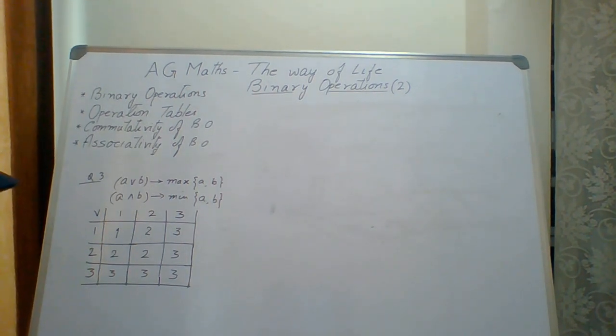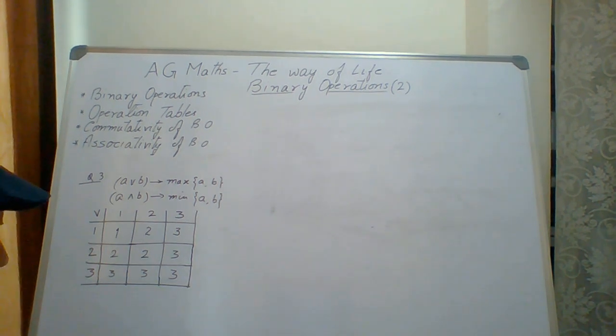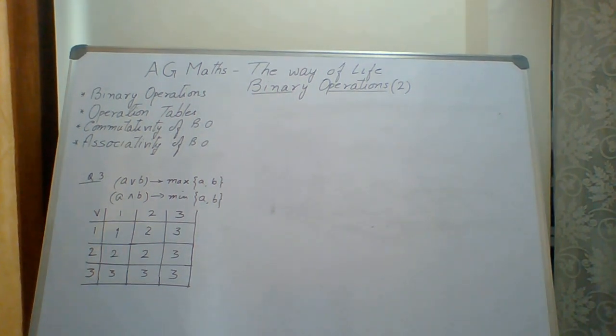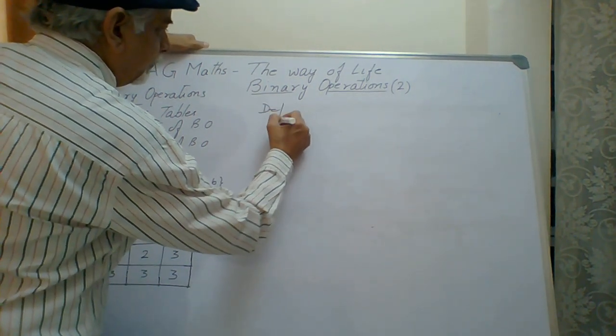Commutativity definition: a binary function on the set X is called commutative if A binary B is equal to B binary A. We write the definition.